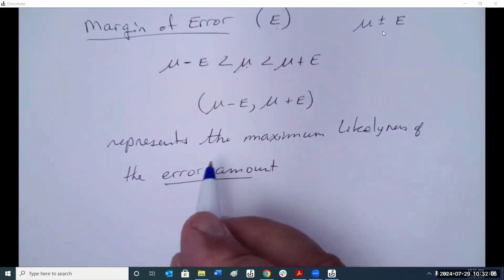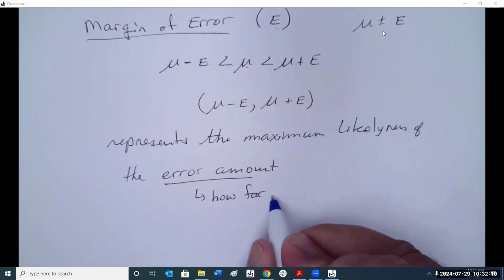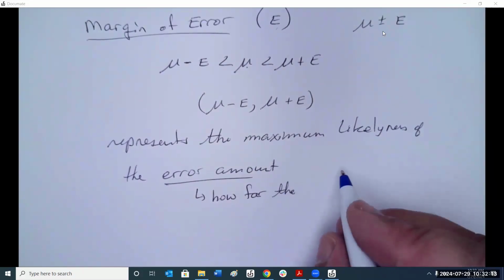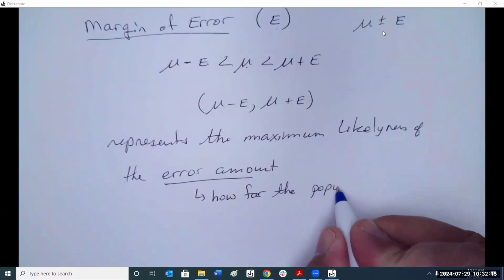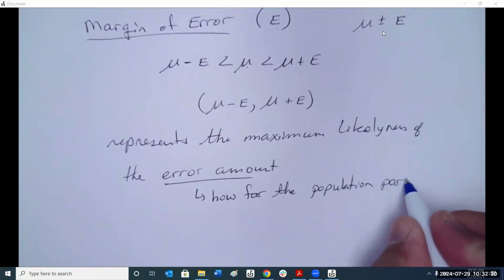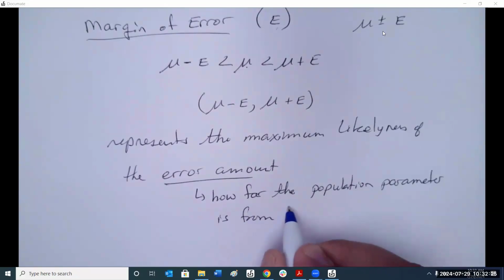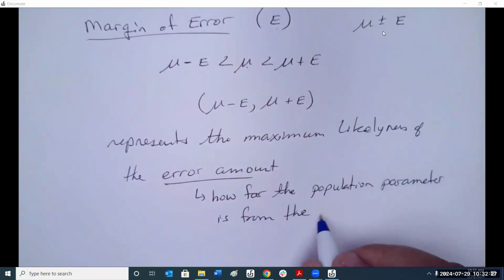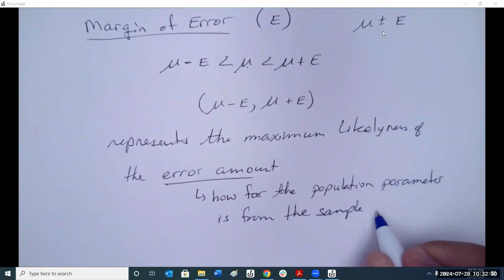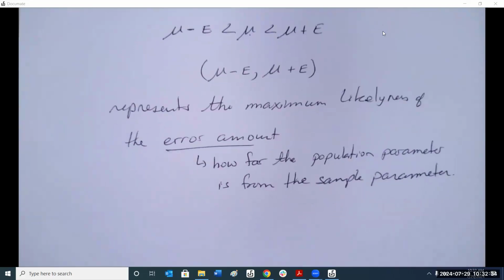By error, how far the population parameter is from our sample proportion or parameter. It's the difference of how far they are apart.